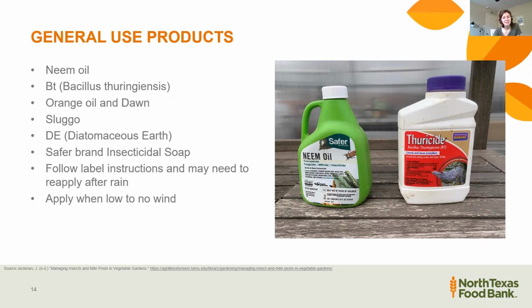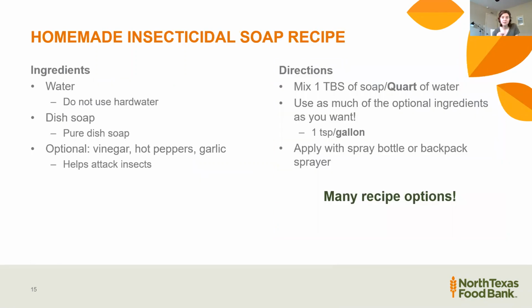Insecticidal soap has a surfactant in it, which is something that helps the spray stick to the leaves. But when things have a surfactant, be careful because that can really burn your plants. Dawn kind of acts as a surfactant for this. It kind of sticks to the leaves. Dawn is not as harsh maybe as an insecticidal soap. Again, they're both organic, or considered organic, but I like to use Safer brand. I've used it before and it works really well.